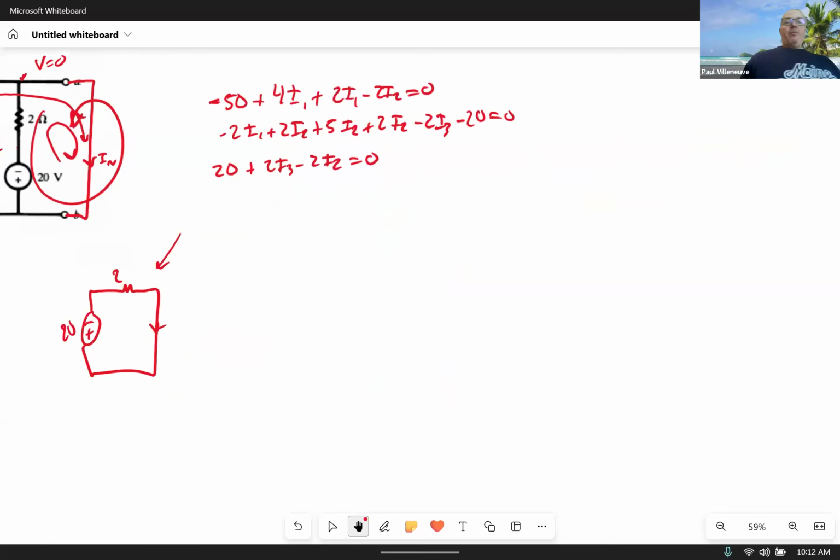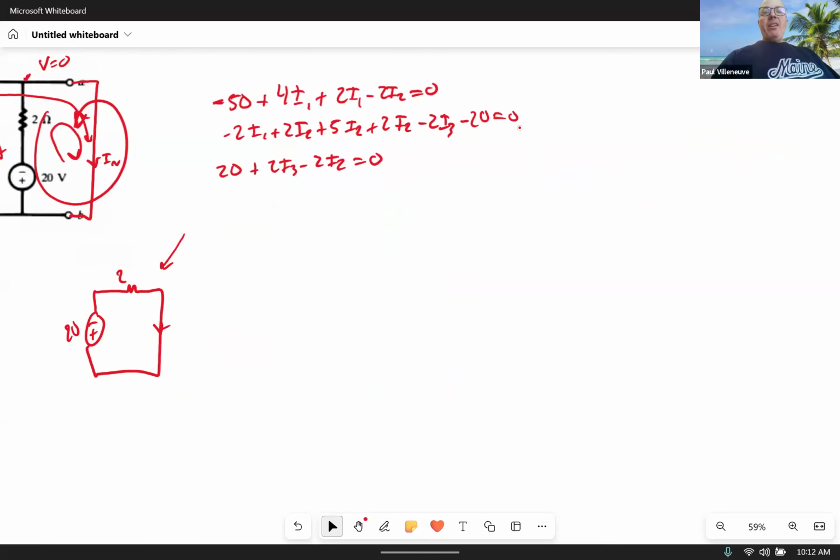So rewriting my equations, I have 50 equals 6I1 minus 2I2, and I've got 0I3 because I have 3 equations and 3 unknowns. I'm going to start filling in the zeros to make my matrices square. And then this becomes 20 equals minus 2I1 plus 9I2 minus 2I3.